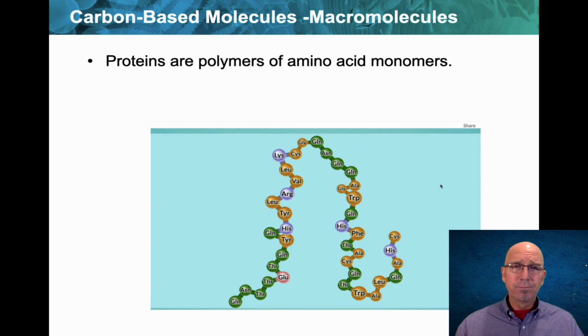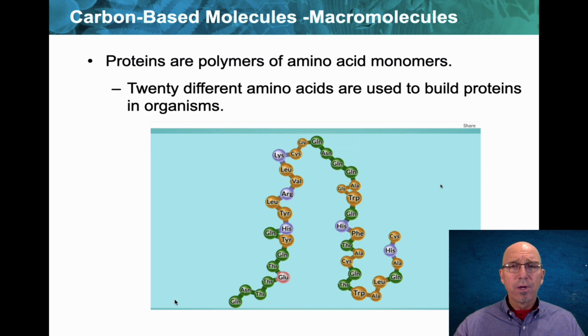So here's a long chain of protein. It's made of all those different amino acids. Those three-letter words are in fact abbreviations. GLN is glycine, or GLU is glutamic acid, or VAL is valine, or HIS is histidine, or PHE is phenylalanine, right?